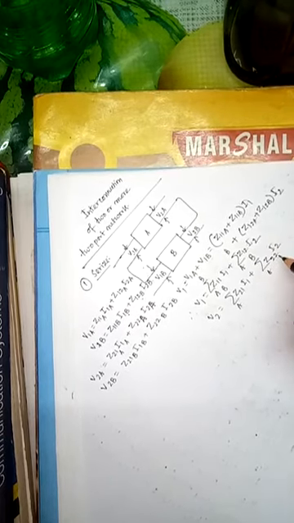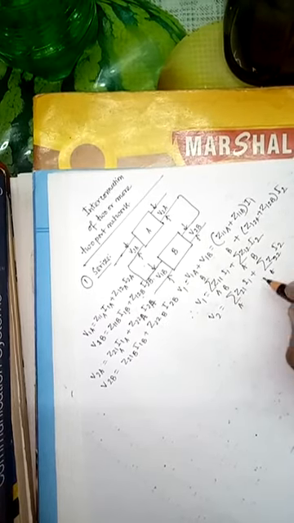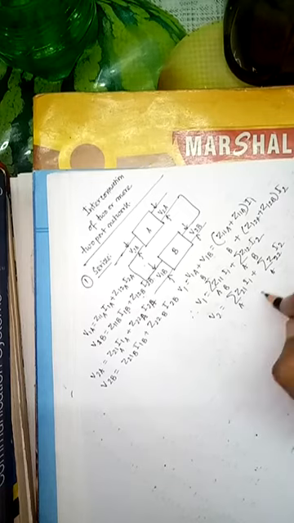So it is Z22A plus Z22B, and Z21A plus Z21B. In this way you have to take the summation. That gives the corresponding parameters.